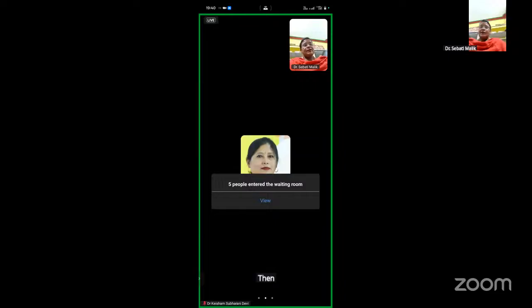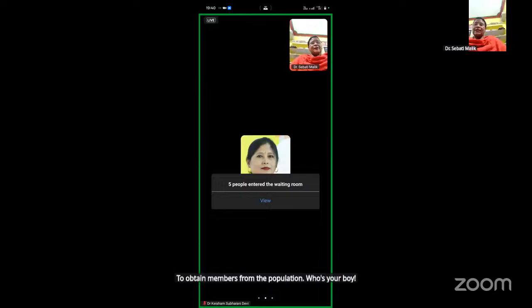Then we have convenience sampling. It is characterized by the selection of members from the population, meaning whichever is present there, the researcher selects as samples.